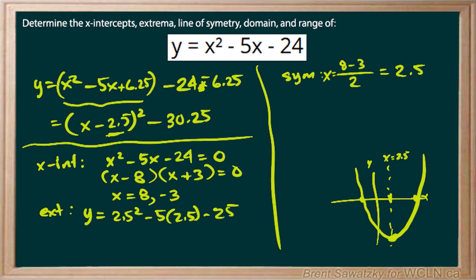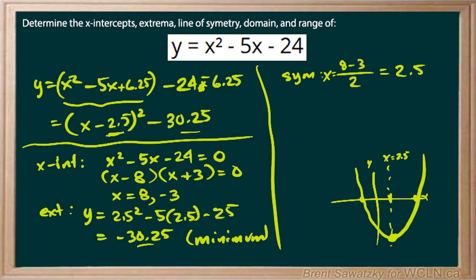And so what we're saying is, what is the y value when the x value is 2.5? And that will give us our minimum, our extrema there. So we plug that into our calculator, and we come up with negative 30.25. And yeah, that goes along well with our other way of doing it. And so we can mark this as a minimum.